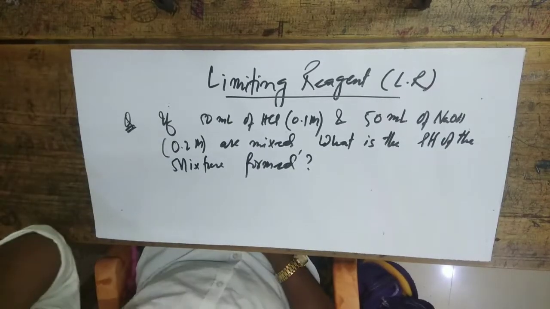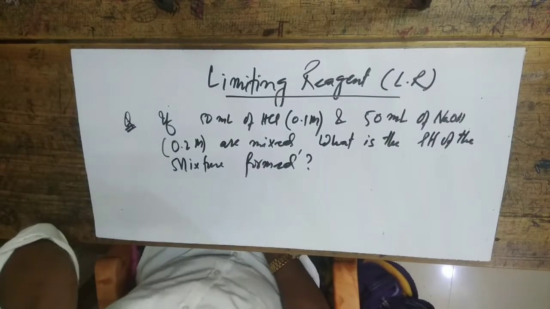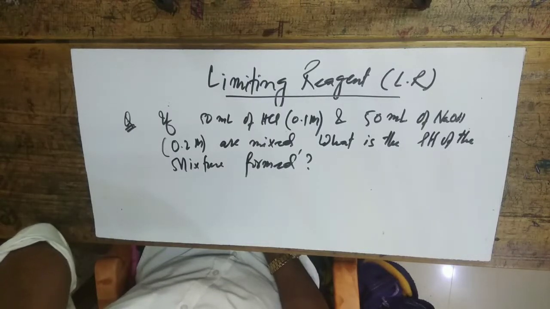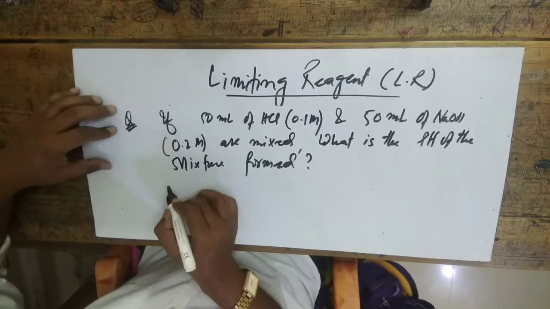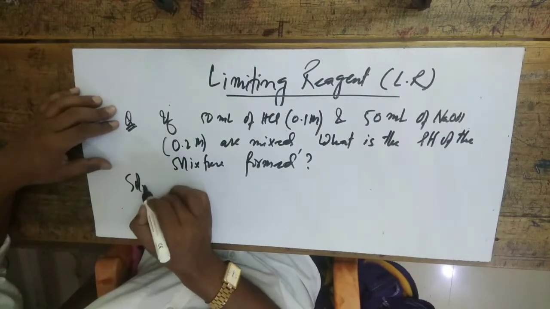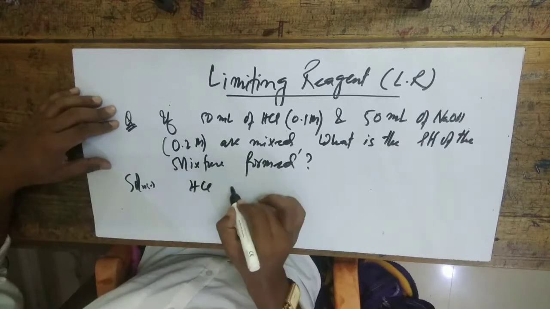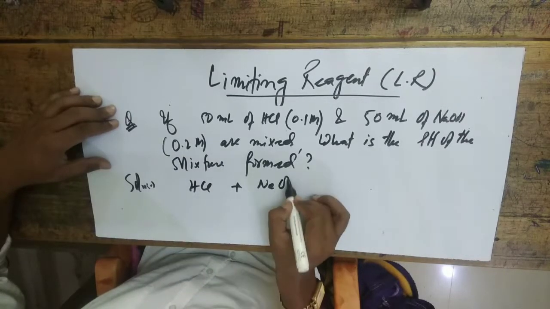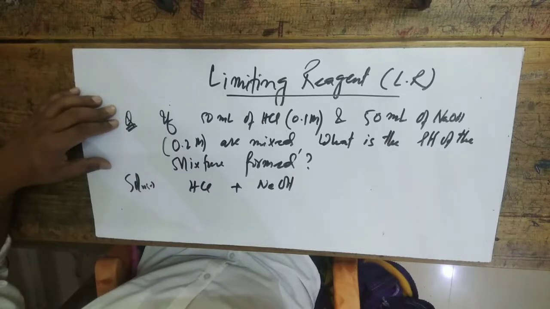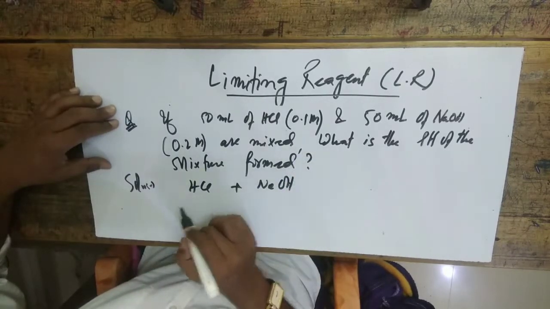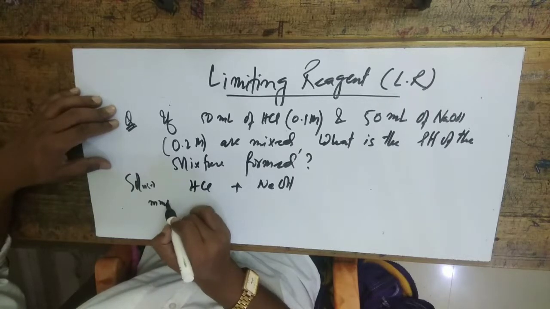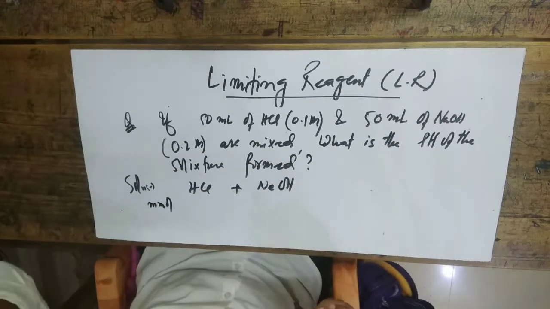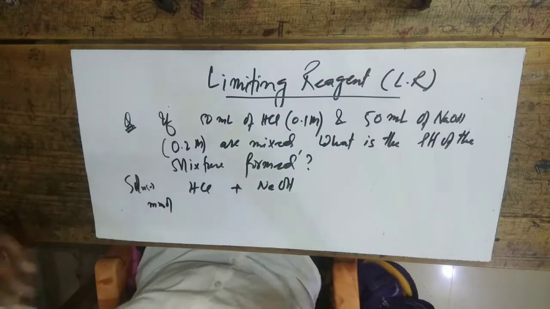Now this question is partly based on limiting reagent and pH. What we need to do is HCl plus NaOH. This is acid, this is base. So we need to calculate millimoles here. Equal numbers of millimoles of acid and base will combine to neutralize.